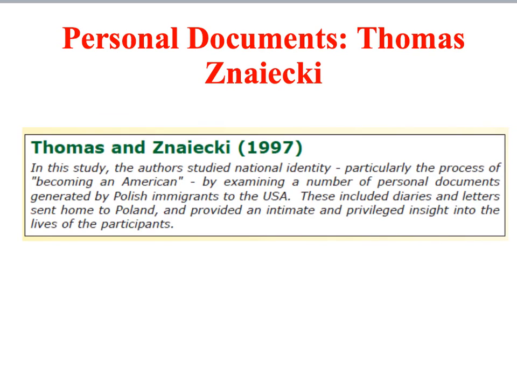For example, Thomas and Znaniecki studied national identity, particularly the process of becoming an American, by examining a number of personal documents that were generated by Polish immigrants to the United States of America. These documents included things like diaries and letters sent home to Poland, and provided an intimate insight into the lives of these immigrants.